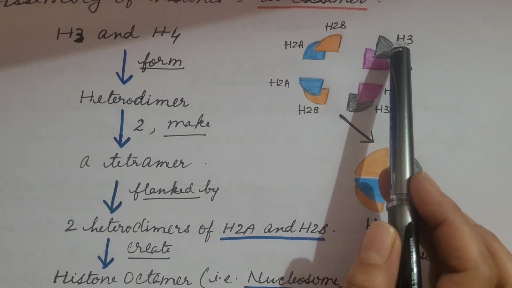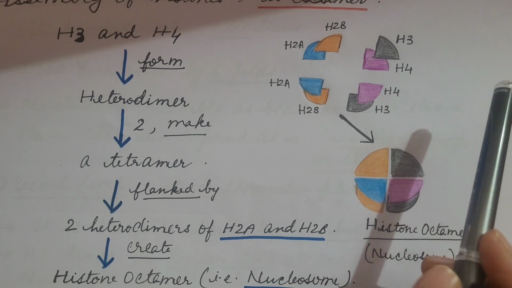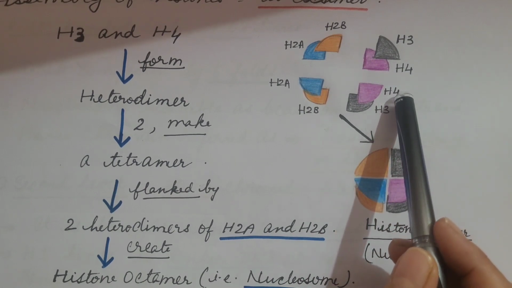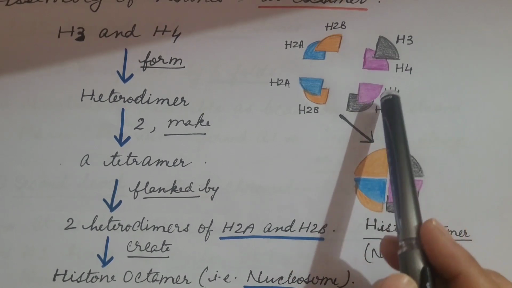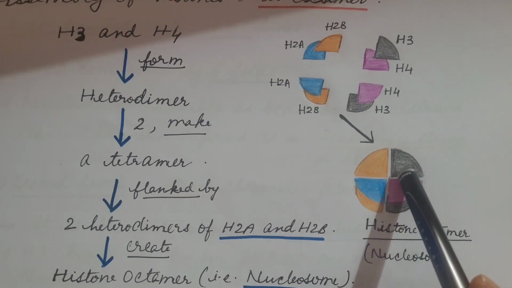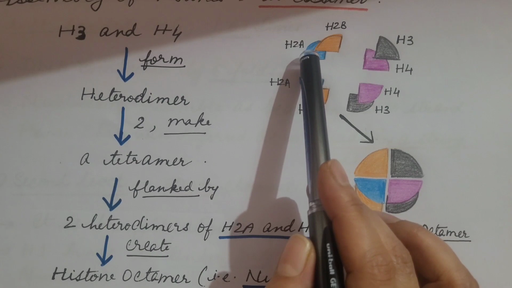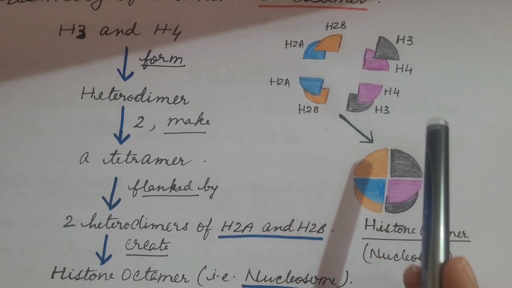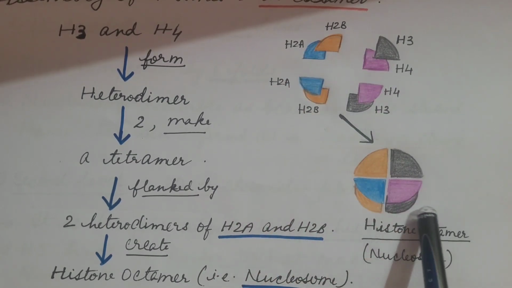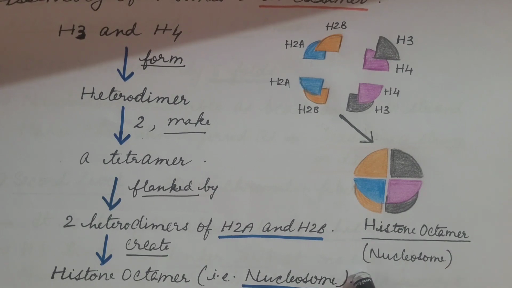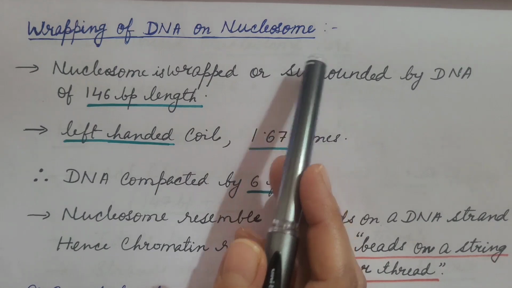So this is one heterodimer of H3 and H4 and this is the second heterodimer of H3 and H4. These two heterodimers then form a tetramer. This tetramer is then flanked by two heterodimers of H2A and H2B histone, and this results in histone octamer, also known as nucleosome.